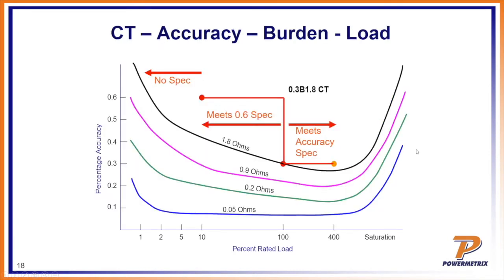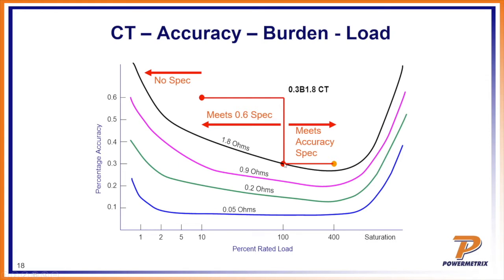This is a bathtub curve we use quite a bit in our presentations, but I'll try to explain this. We're looking at a CT that has a 0.3% accuracy class at a burden of 1.8. So it maintains its accuracy up to burden 1.8. If you look here on this axis, this is 100% rated load.